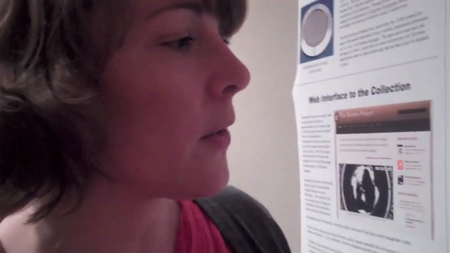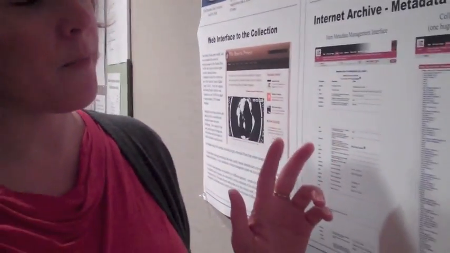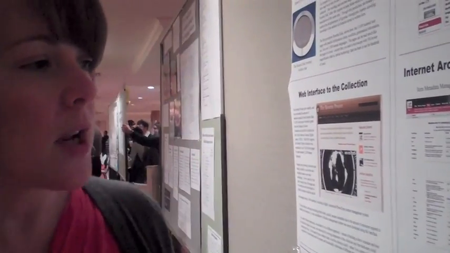So it offers us this really robust way to manage the Rosetta collection, and it makes it discoverable. Over the past year, we've had about 100,000 accesses to the resources in our collection just through search on the Internet Archive site.